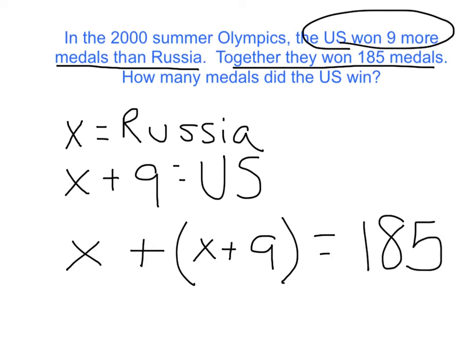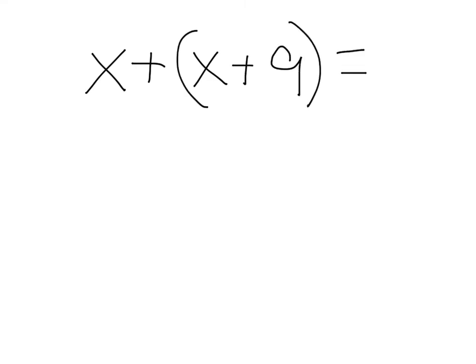Okay, so here we have the equation that we just created. x plus x plus 9 is equal to 185. Now let's go on and rewrite this. Now we're going to start solving this.